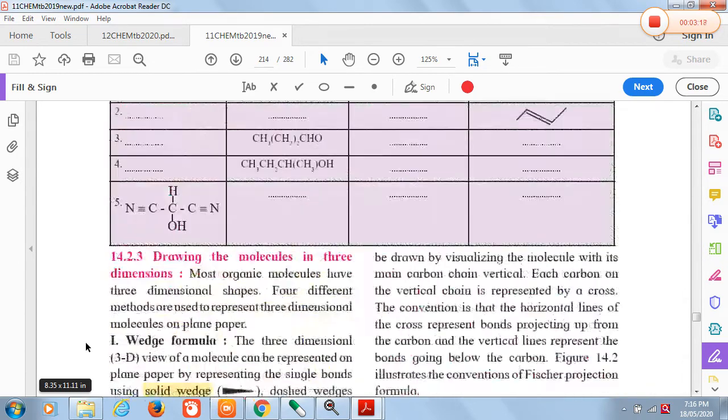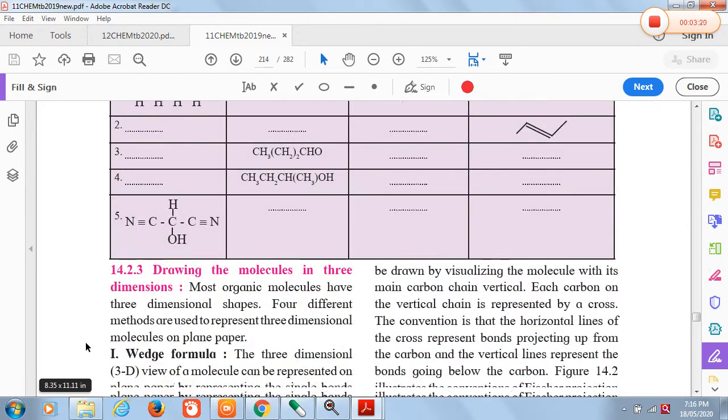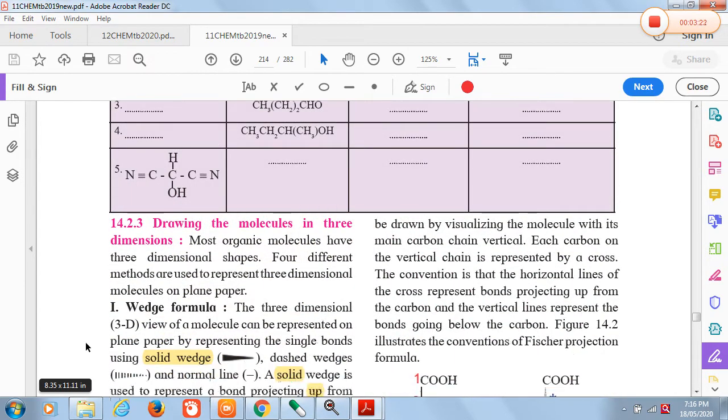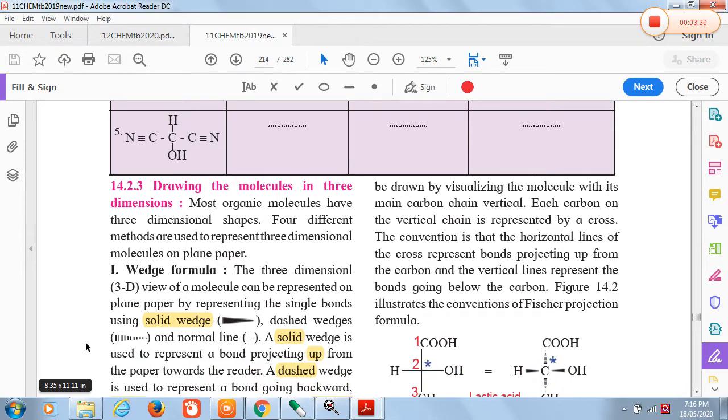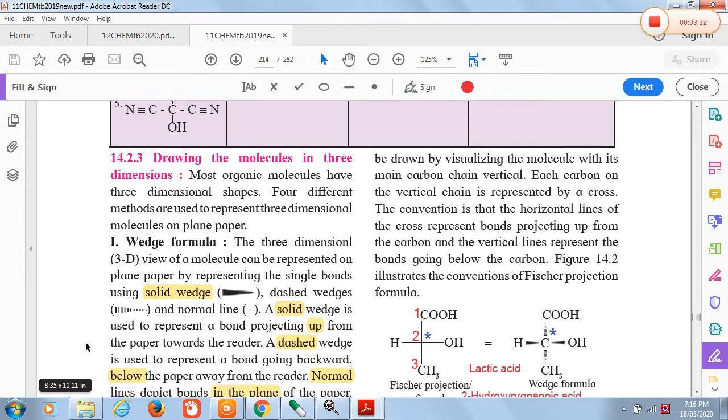So in Fischer projection formula, the line can be drawn by visualizing the molecule with its main carbon chain, and always that carbon chain is represented vertically.